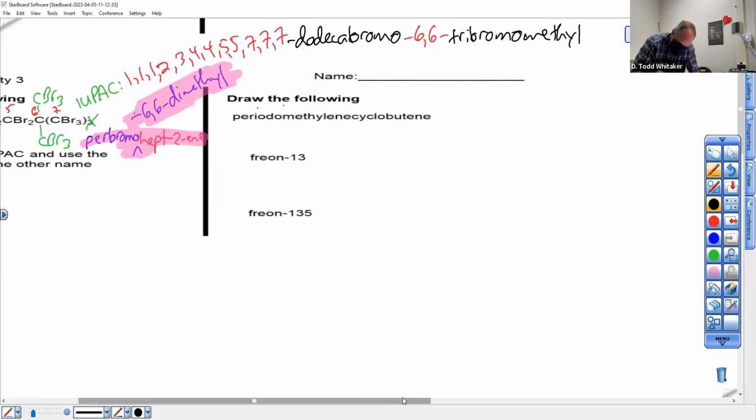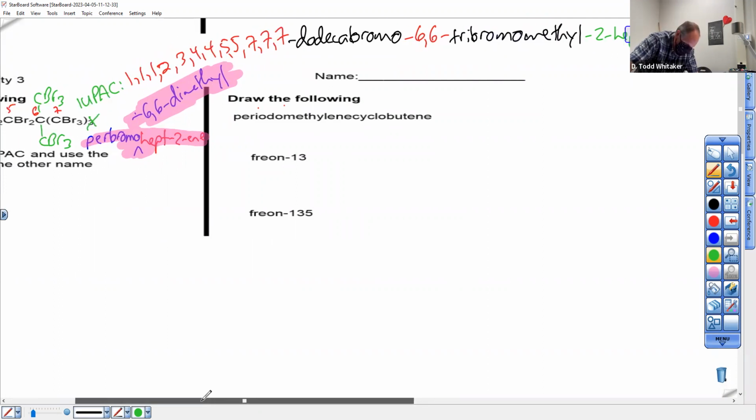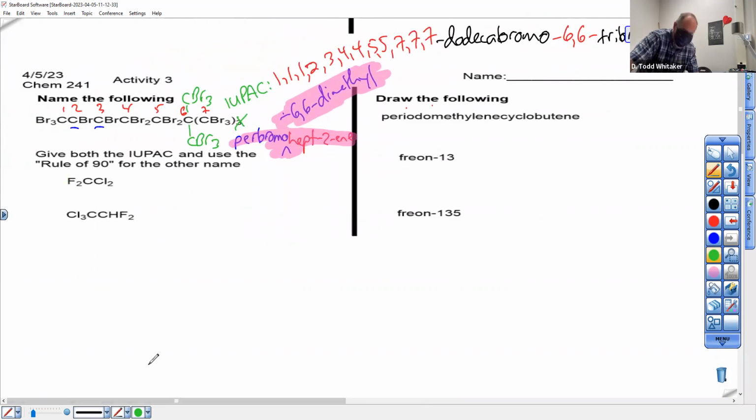Are you starting to feel the perbromo yet? That little monster can be replaced with perbromo-6,6-dimethylhept-2-ene right here. This whole thing. You're only allowed to do that if it's no H's and only one type of halogen. Got it?